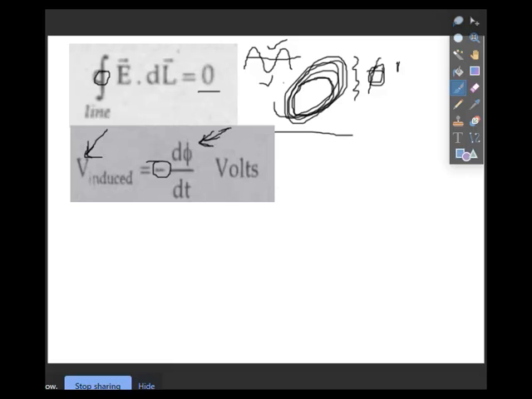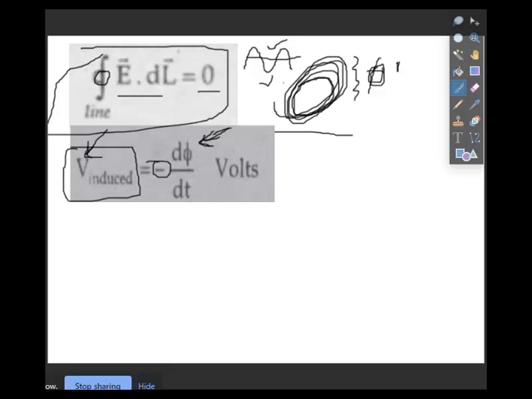Now if we use this concept, it will give you V induced for a time varying field. But the first expression shows that if you add all E's over dl, the differential length, meaning the complete length of the conductive wire, you will get 0 EMF, no change in EMF.